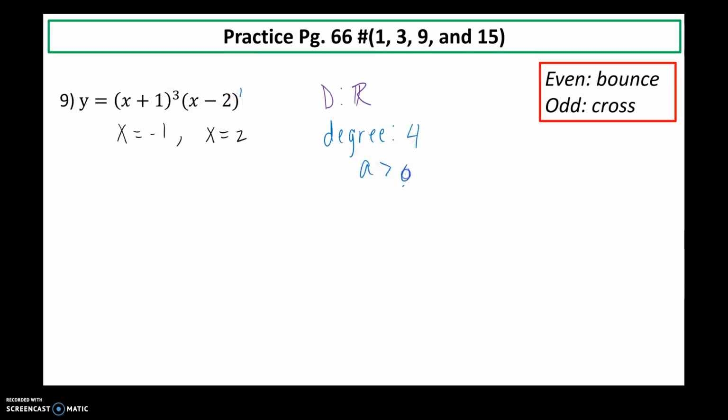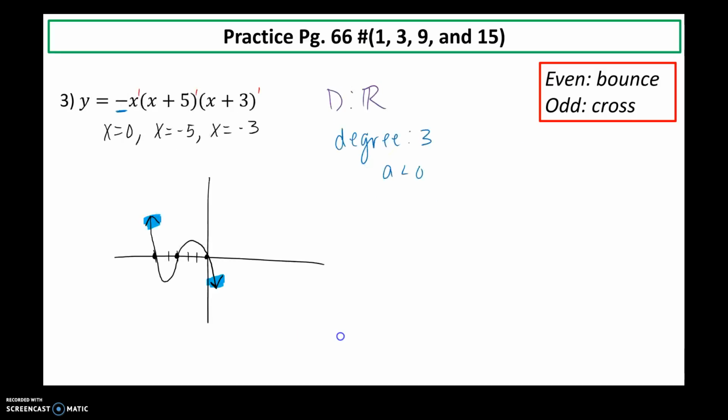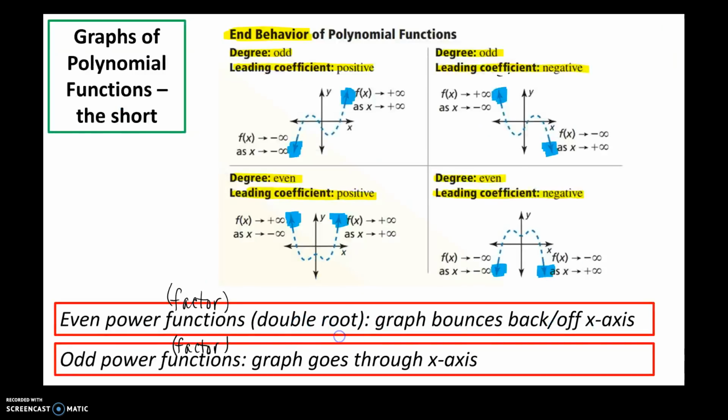And my lead coefficient is positive, right? Because nothing's written out front, so we know it to be positive 1. So even though the individual factors are going to be cross points, now my degree has become an even number. Let's go back. Degree is even with a positive lead coefficient. My end behavior is going to be up, up.